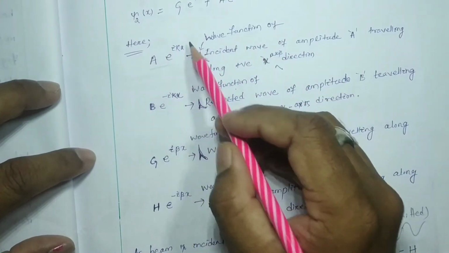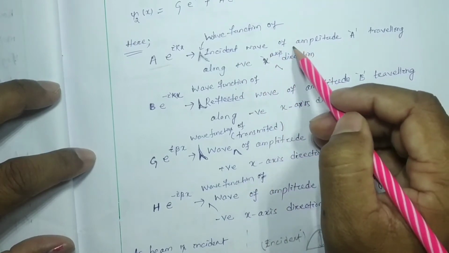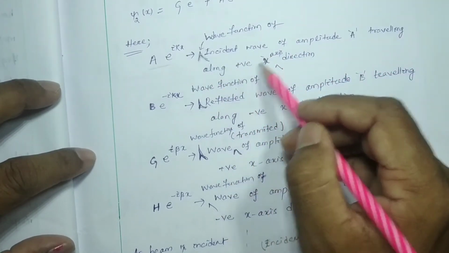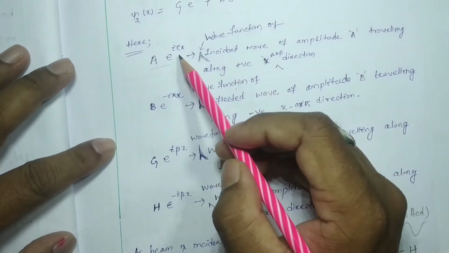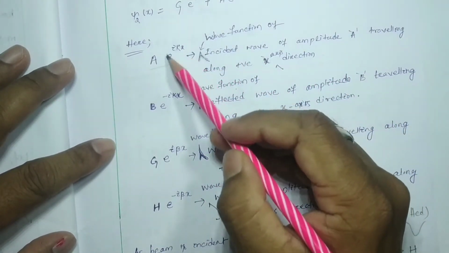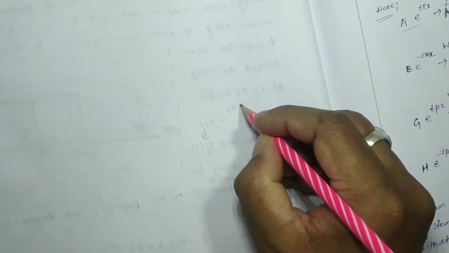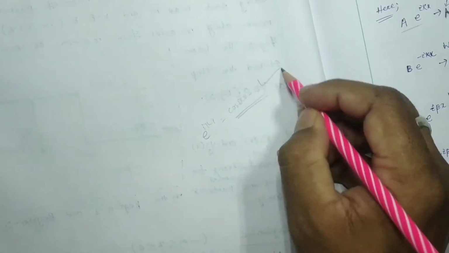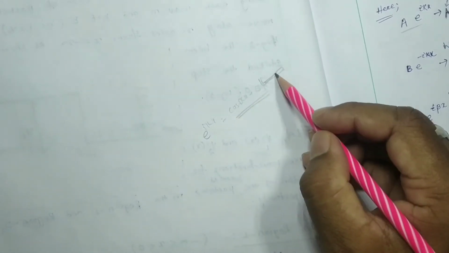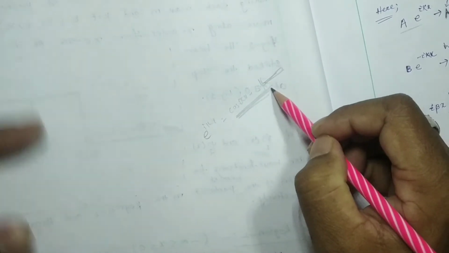So A e^(ikx) represents the wave function of an incident wave of amplitude A traveling along the positive x-axis direction, because this is a waveform. e^(ikx) is in the form of cosine and sine functions: e^(ikx) is nothing but cos kx plus i sin kx. That means it is an oscillatory equation, so it represents a wave.